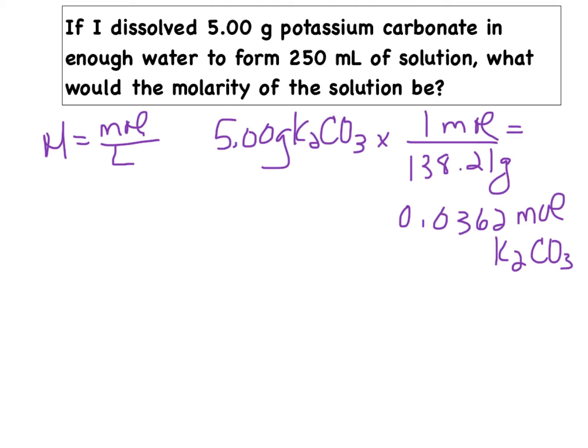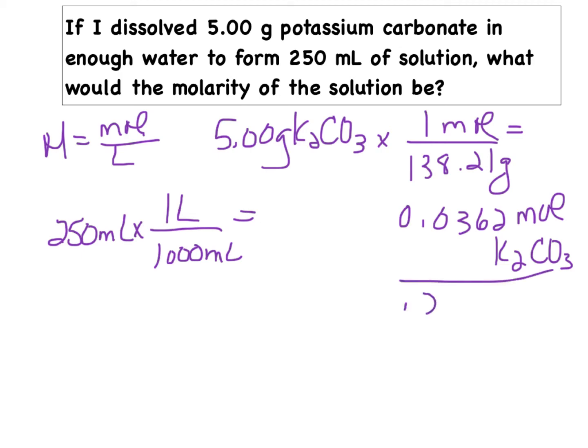And since I'm given 250 milliliters, I know that there are 1,000 milliliters in every liter. And you can do that by moving the decimal place over 3 places, and you would find that your volume was 0.250 liters. And when we divide, we find we have a molarity of 0.145 molar.